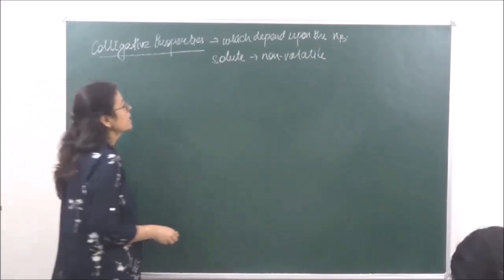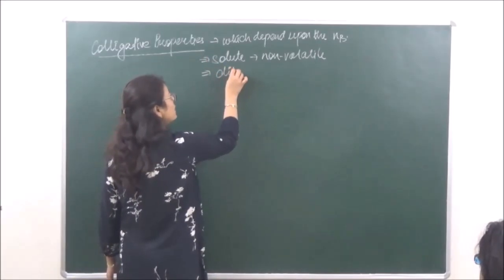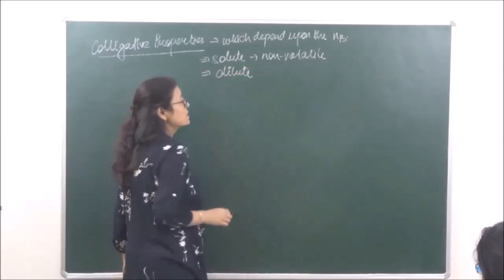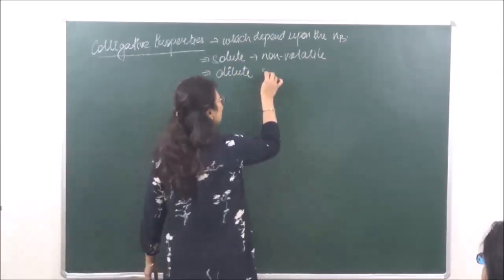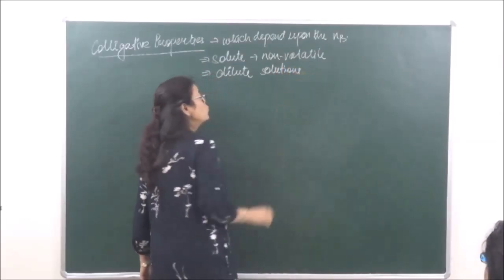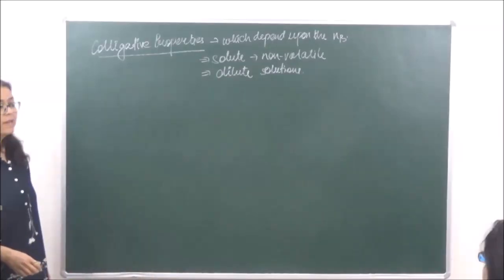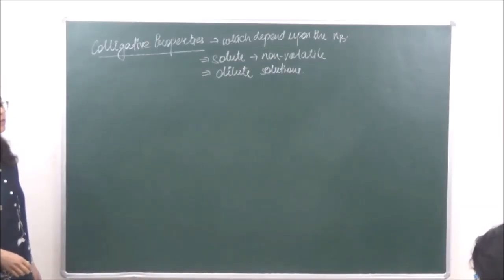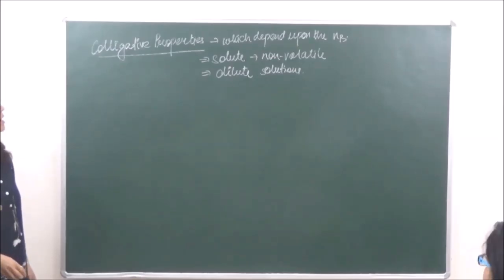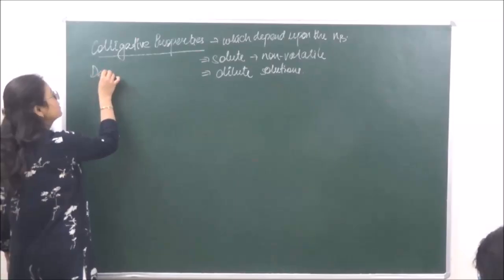And thirdly, we have to keep in mind that we are discussing colligative properties for dilute solutions. Dilute solutions means that the amount of solute should be very, very less as compared to that of the solvent. Such properties are also given another name.